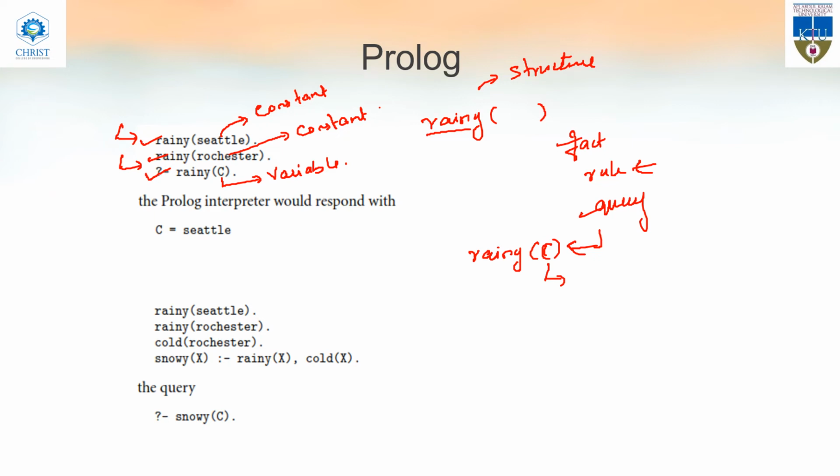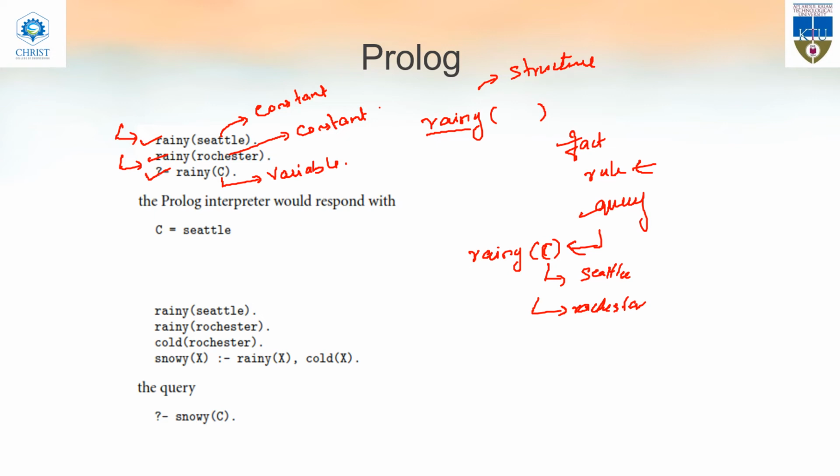If C is having the value Seattle, rainy of C is rainy of Seattle, which is true. Likewise, if C is having the value Rockstar, rainy of C is rainy of Rockstar, which is also true.